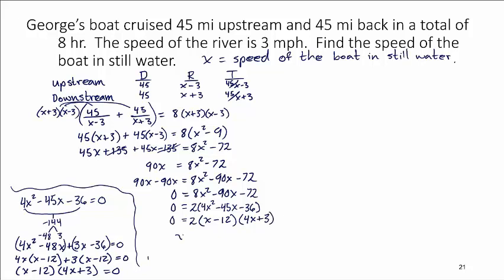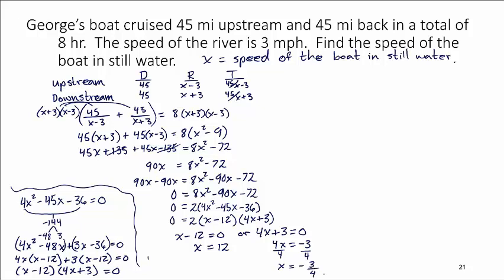So I know that either x minus 12 is 0 or 4x plus 3 is 0. If I add 12 to both sides here, I'm going to have x equal to 12. And over here with 4x plus 3 equal to 0, I can subtract 3 from both sides and then divide both sides by 4 for an answer of x equal to negative 3/4.